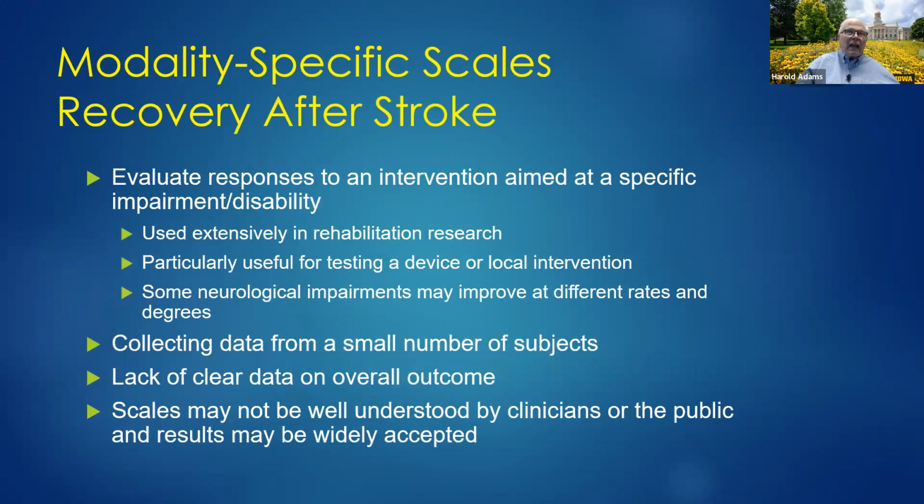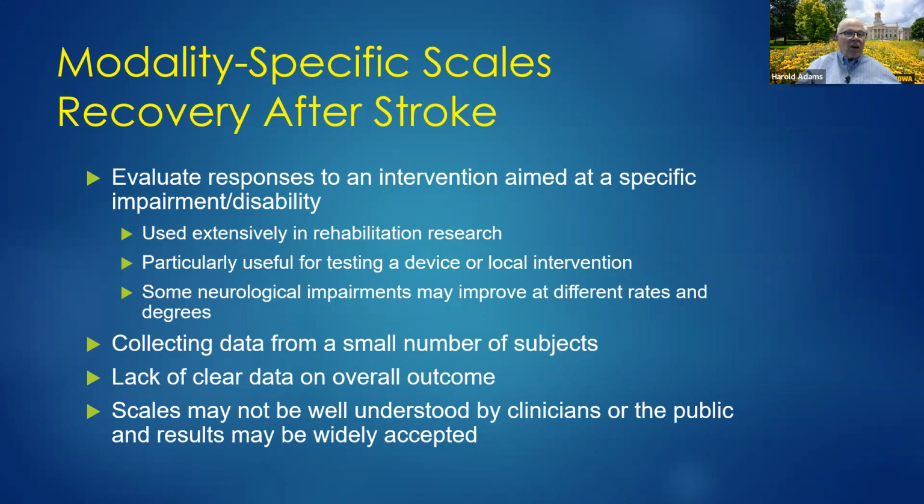There are modality-specific scales. For example, this is widely used in rehabilitation. Having looked at scales in stroke, if you go to the rehab literature, you will find a huge number of rating instruments that have been used by researchers looking at recovery after stroke. For example, hand function or posture or changes in status.